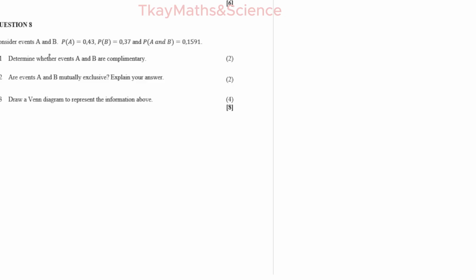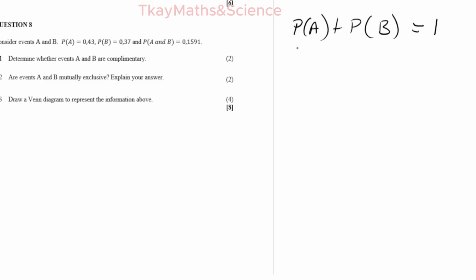For events to be complementary, we have to prove this identity: probability of getting A plus the probability of getting B. If it is true that they are complementary, this should be equal to 1. So now let's see if our probabilities here can give us 1.